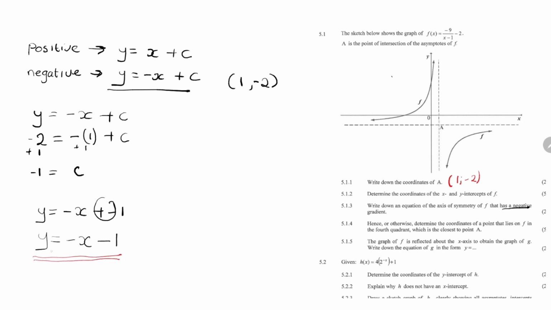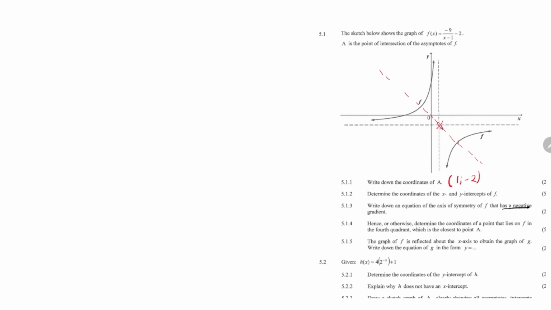This is the equation of the axis of symmetry, which is y equal to minus x minus 1. So I think we can use that equation to get the closest point because it's where these graphs meet. So let us try to find the coordinate by solving both equations simultaneously. All right, so we have the equation of the axis of symmetry, which is y equal to minus x minus 1.